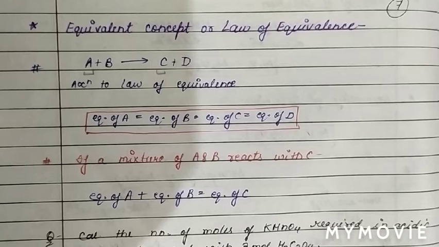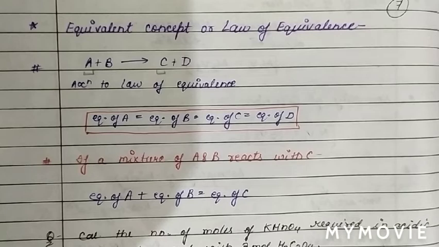The equivalent mass we have to calculate for the base. Also, the number of equivalents is normality into volume in liters. For the equivalents of acid, the normality is given and the volume is given in ml, so convert to liters. So the normality is 0.2 and the volume is 100 upon 1000. So the equivalent mass of the base required is 25.